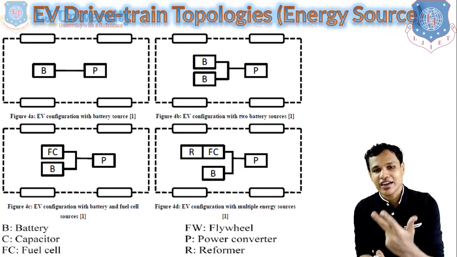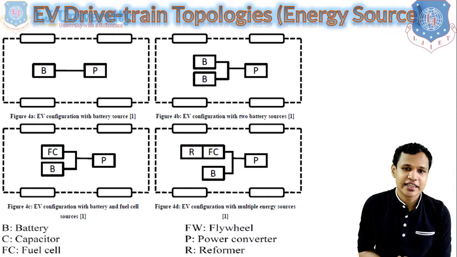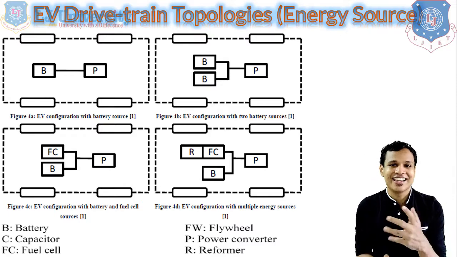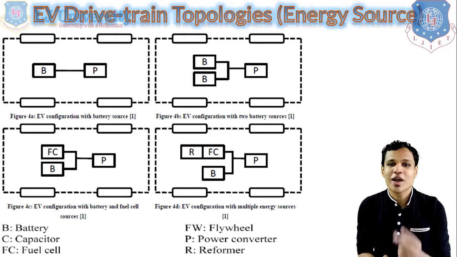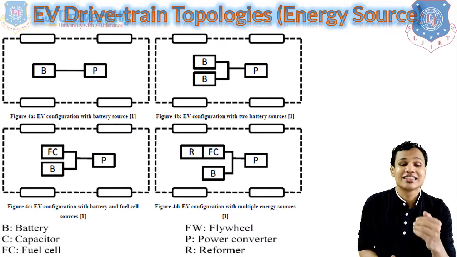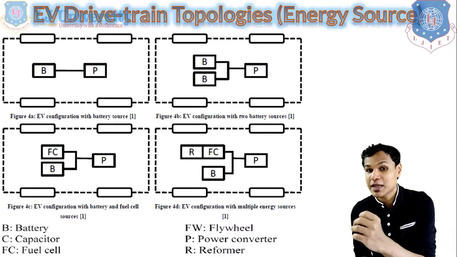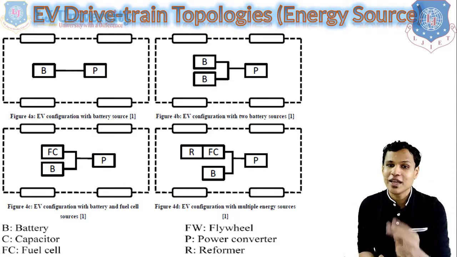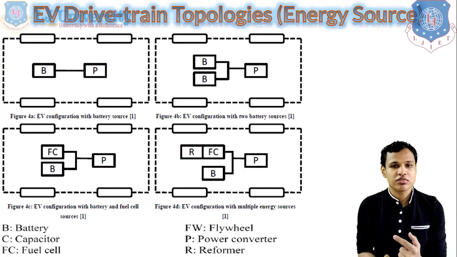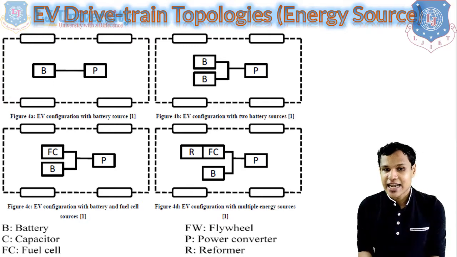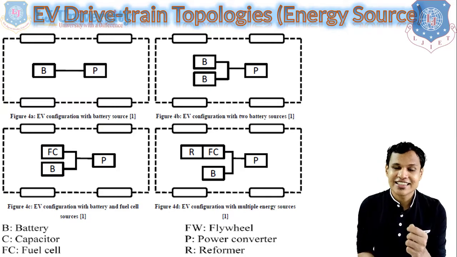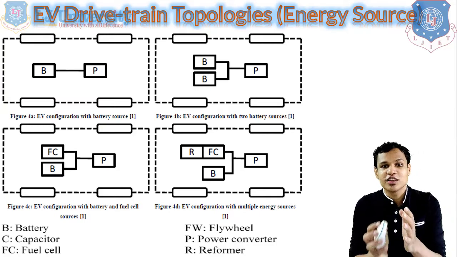The second configuration is the EV configuration with 2 battery sources. There is a very particular reason for using 2 battery sources. The battery has 2 main characteristics: the specific energy and the specific power. The specific energy denotes the range of the vehicle.